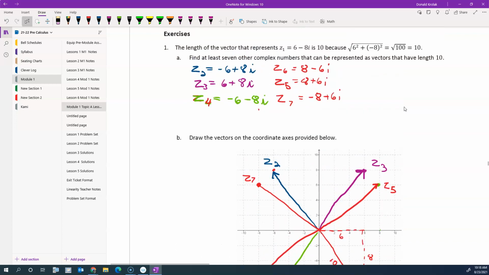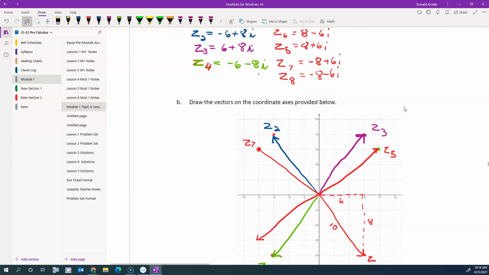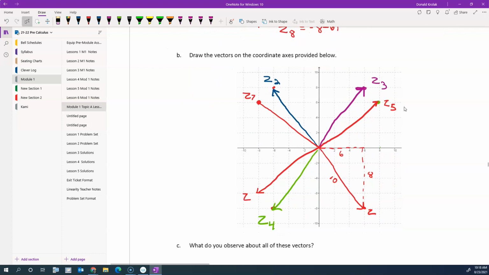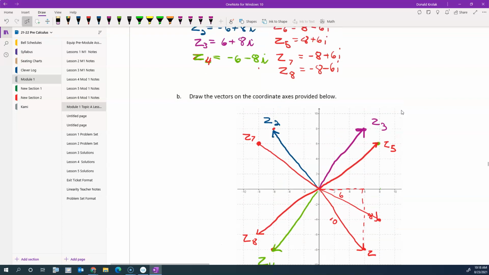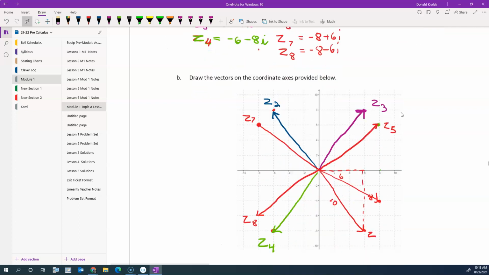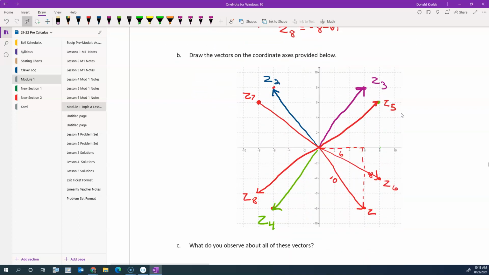Call that Z8. And then we got one more, 8 minus 6i. That's Z6. Okay, there's 4 more.